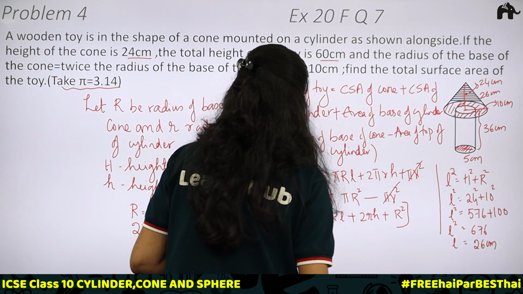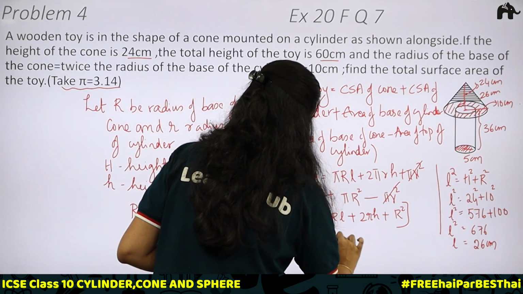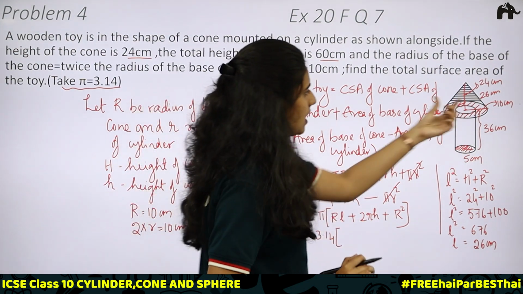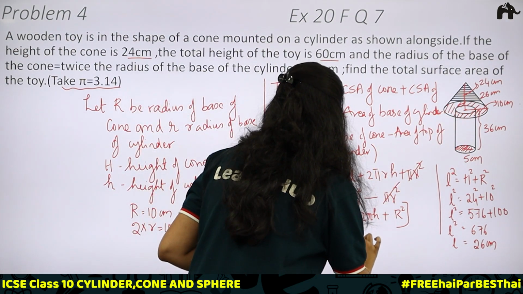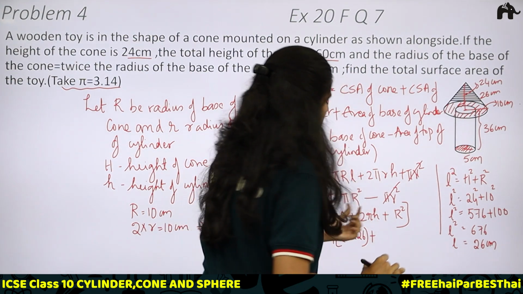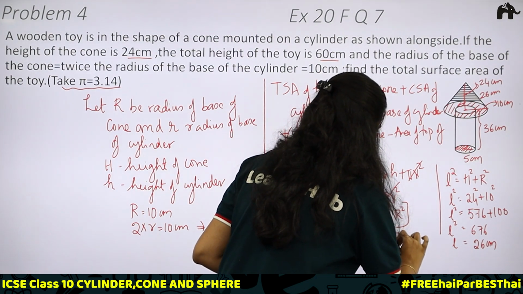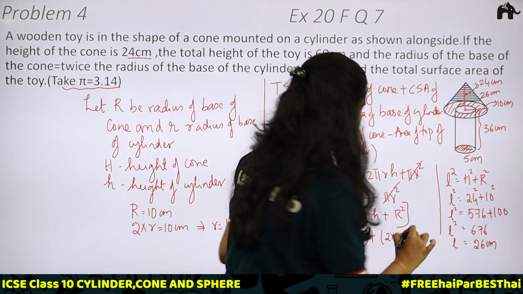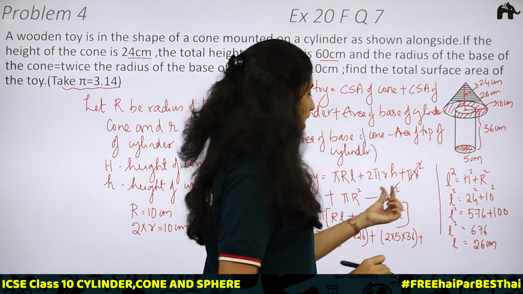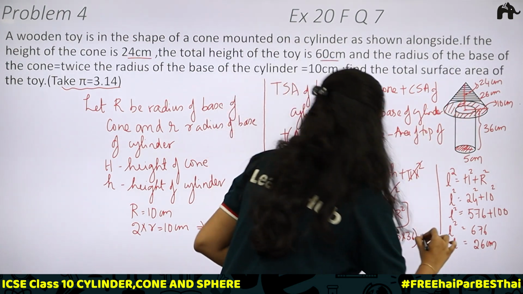Put the values here. Pi is 3.14 into capital R into L. Capital R is 10, L is 26, plus 2 r h: 2 into r is 5, into height is 36, plus R square. Here R is capital R, which is the radius of base of the cone, 10 square.